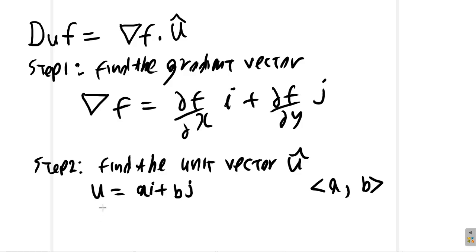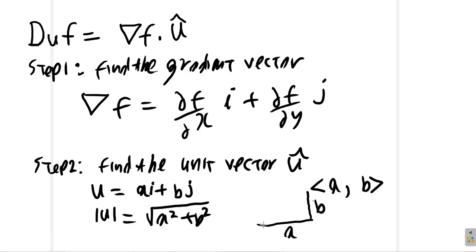Alright, so you're given a i plus b j. Remember, the magnitude of this is the square root of a squared plus b squared. Alright? So remember, you have a in the i direction, and you have b in the j direction. You're at 90 degrees, so you apply the Pythagoras theorem. It's really the length of the hypotenuse you're looking at here, the square root of a squared plus b squared.